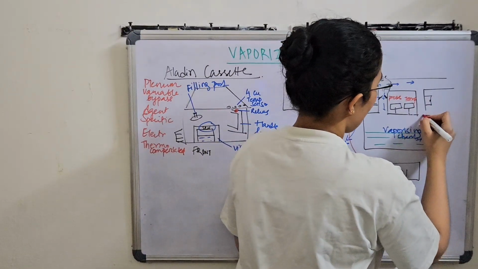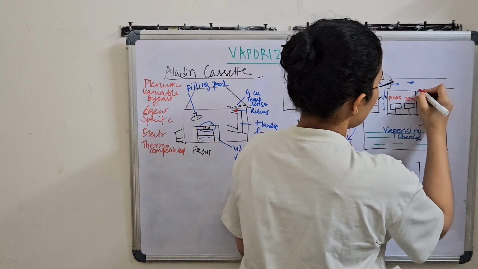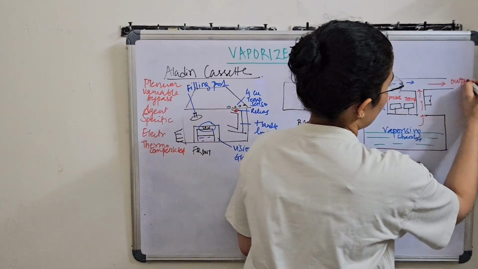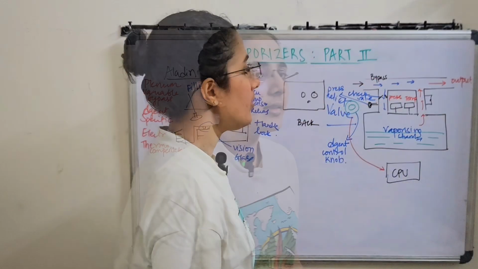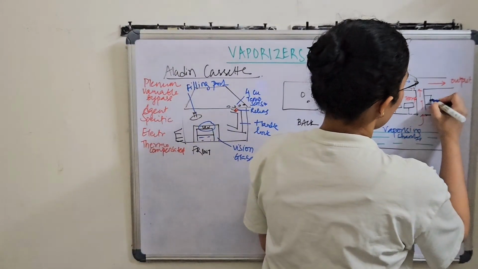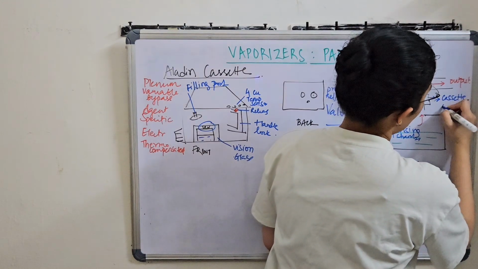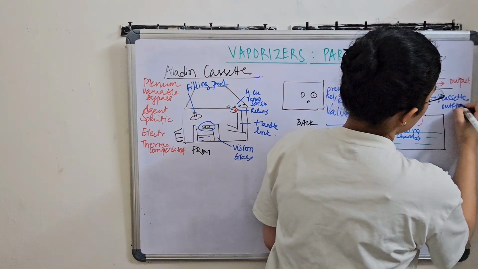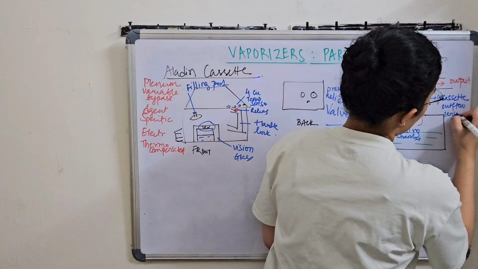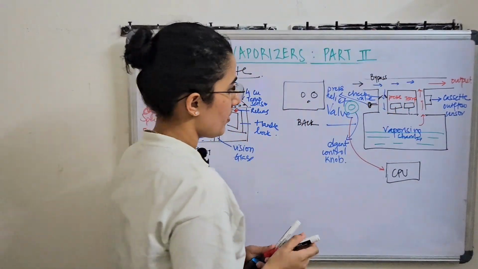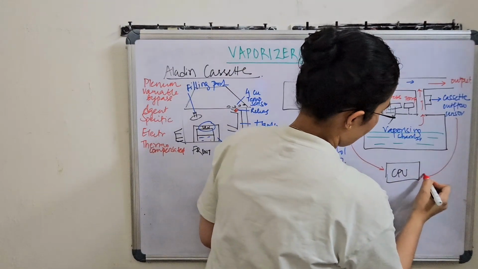There is the outlet through which the vaporized agent goes out to the output, and there is also a cassette outflow sensor, which gives information to the CPU as well.